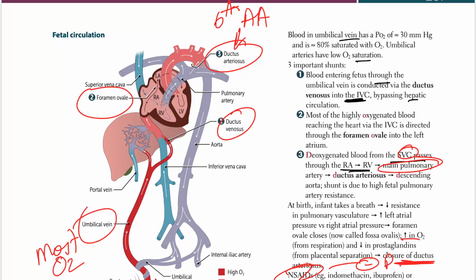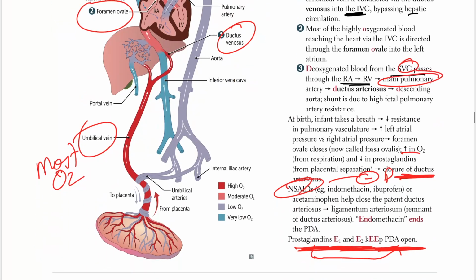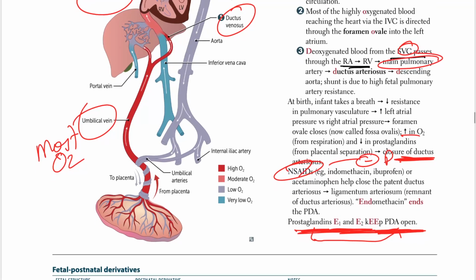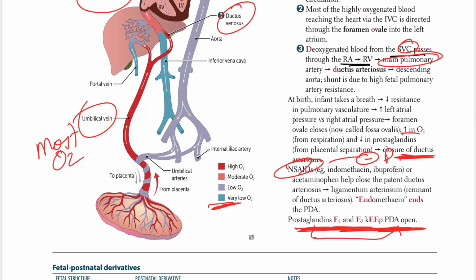What is the most deoxygenated within this fetal circulation? That is going to be right here, your inferior vena cava, and the highest oxygenated is your umbilical vein. Okay, what else might we have? That's pretty much all extra.